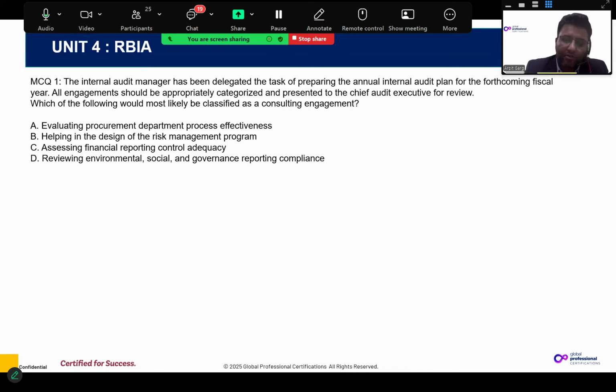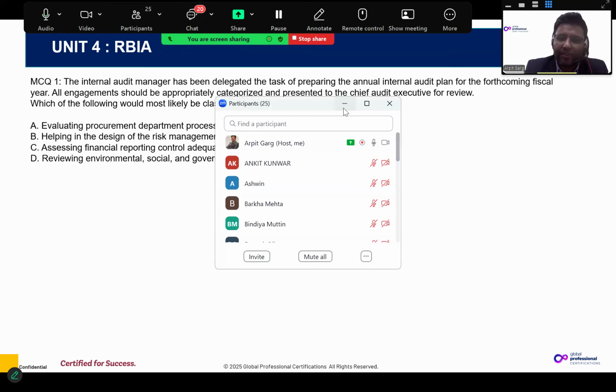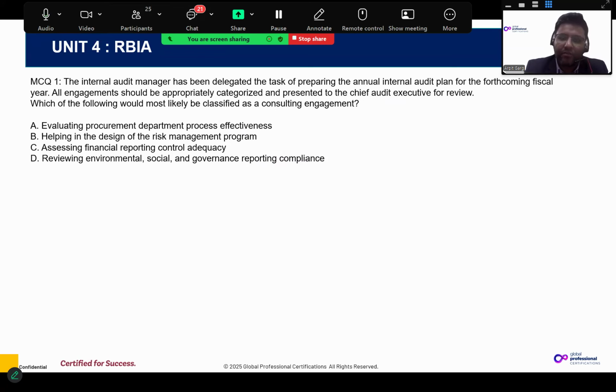Let's do this quickly. Requesting everyone to participate. I can see only 19 responses. There are 25 participants in the class. Can I request everyone to please participate? Last 5 seconds, everyone, once again. People, time management is key for this exam. Time management is key for this exam. All right, everyone, time's up. Let's look at it.